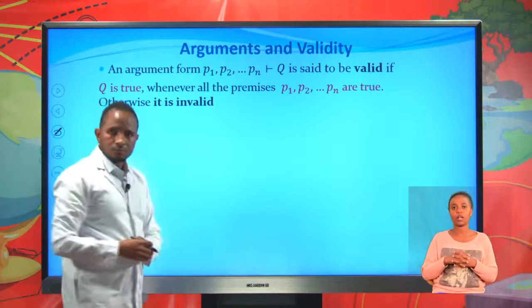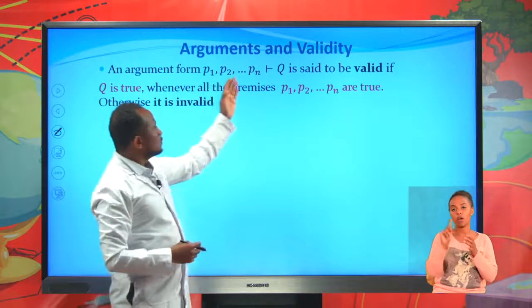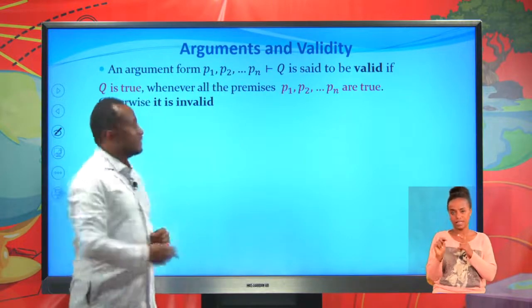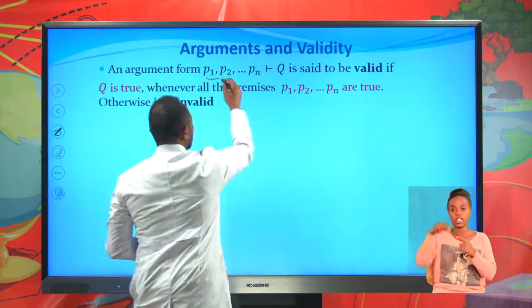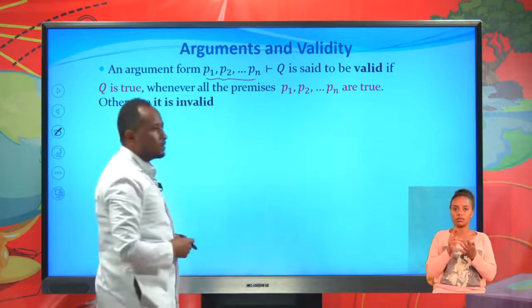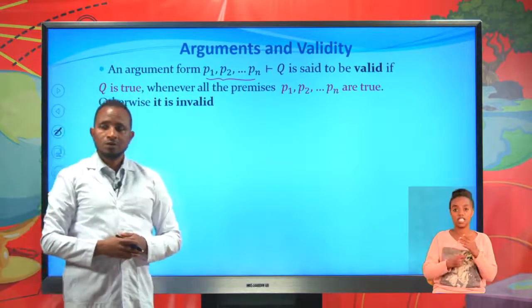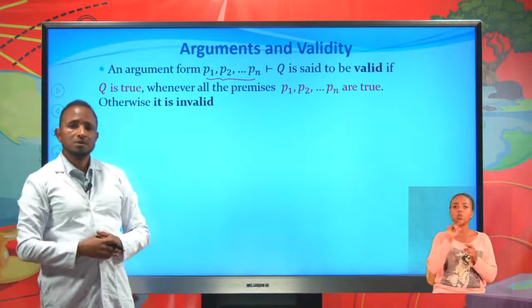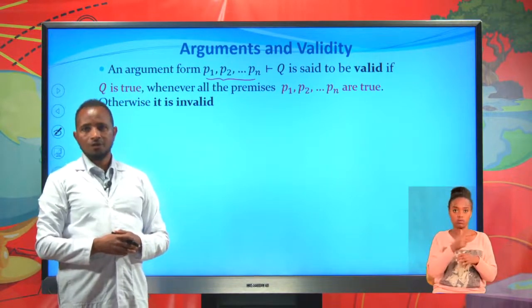Now, an argument form with premises P1, P2 up to Pn yielding a conclusion Q is said to be valid if Q is true whenever all the premises are true. Otherwise, it is invalid.